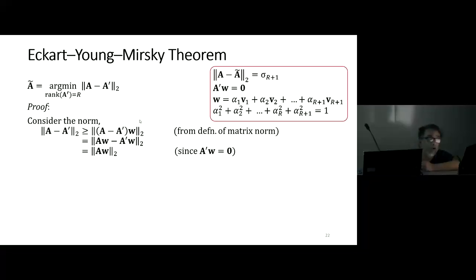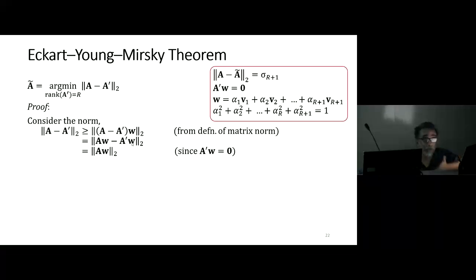But we already found a W. So the L2 norm of A minus A prime is less than or equal to the L2 norm of A minus A prime times W.